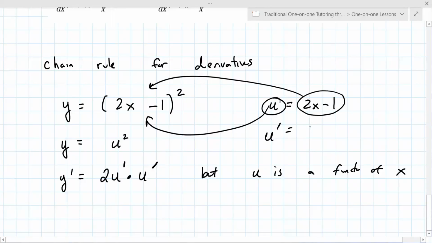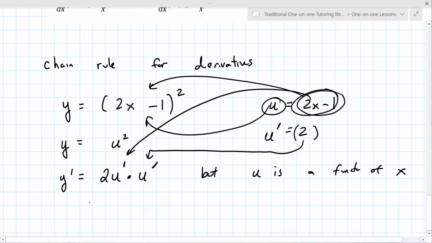So the derivative of this thing here is 2. So you take that 2 and you put it here, and you take the u that you had and you put it down here. So this becomes 2 times 2x minus 1 to the power of 2.